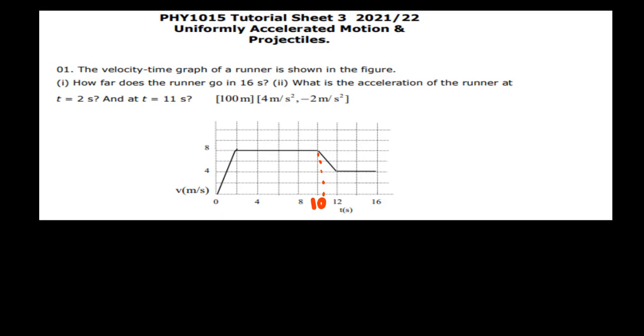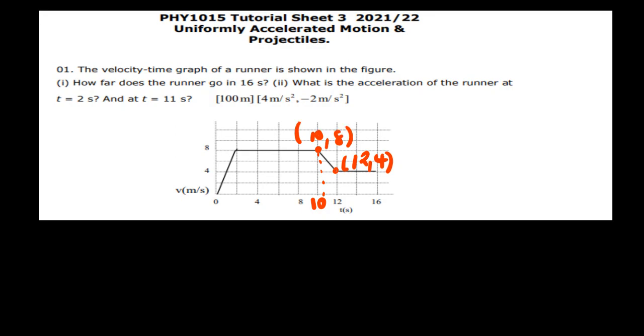So we've got 2 points, so we can pick 2 points, this point and that point. We want to find the gradient along this slope, okay. So this point that is here is 12,4. Then the other one that is on top is 10,8.